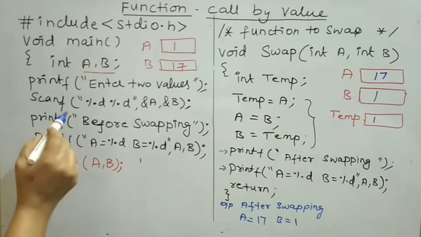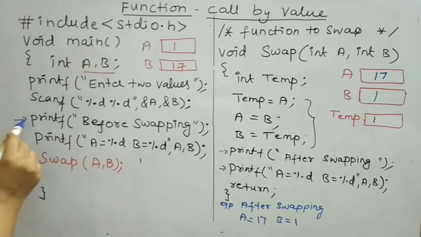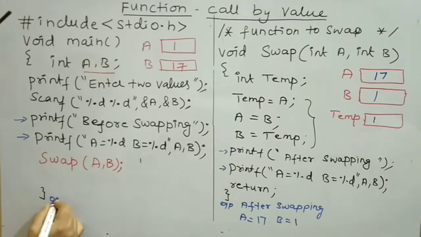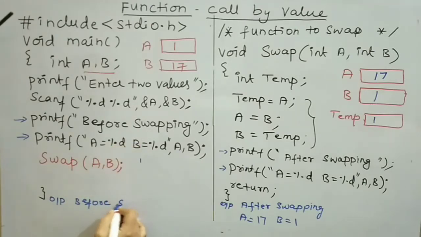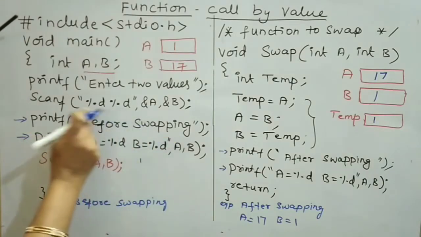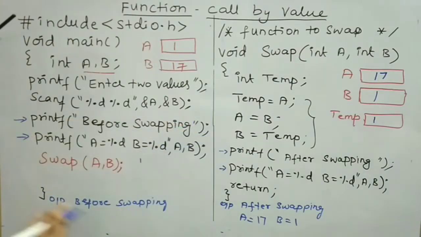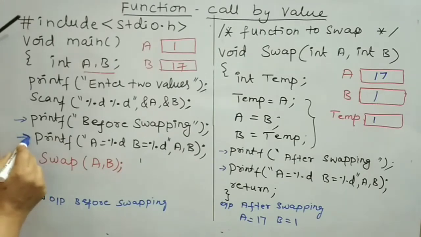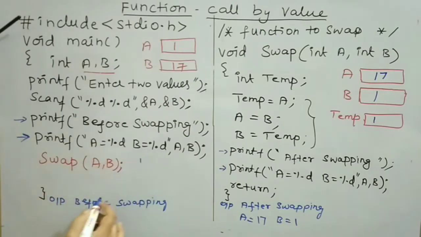So in the main function, if I execute these two output statements, what will be my output? It prints the statement as it is, that is before swapping. This statement will print the message enclosed within double quotation marks. If I execute this printf statement, what is the value it will print?